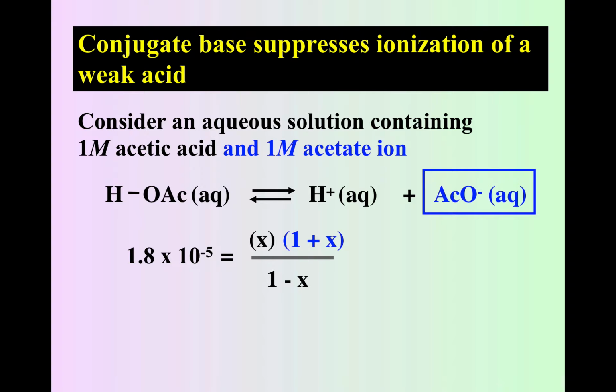The amount of X you're adding is negligible, and I can ignore the ionization, the initial concentration of the weak acid is not changing. So X is equal to Ka, right? That's the H plus concentration. So now all of a sudden the pH has gone up, right? So where it was 2 point something without the conjugate base being in there, now with a bunch of conjugate base in there, the pH went up because you suppressed how much this weak acid ionized.